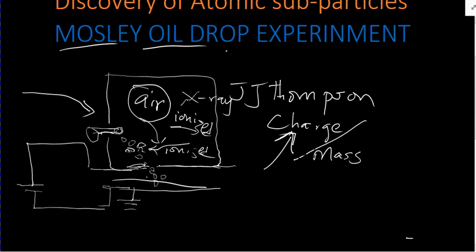This chamber is supplied with an electric field, right? Already this ion is ionized and it is entering into an electric field chamber. And you know that an ionized ion will definitely have a charge, right? Good. So now the ionized ion enters a chamber of electric field.